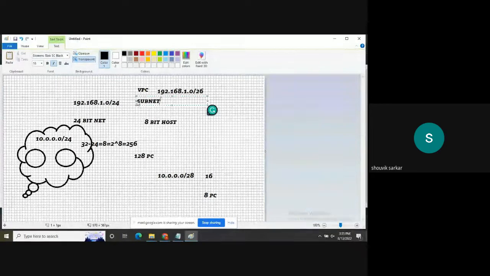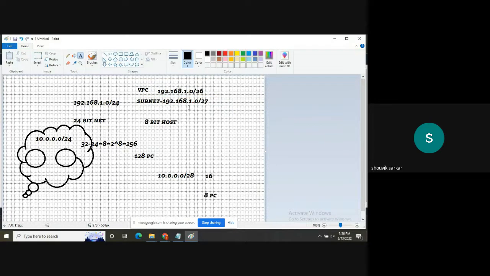So the subnetwork IP goes to 192.168.1.0. And now we want to divide into two parts, so the binary values we want to divide into two parts. So the slash notation is incremented by 1, that becomes 27. Two parts means 2 to the power 1. 26 plus 1 goes to 27.